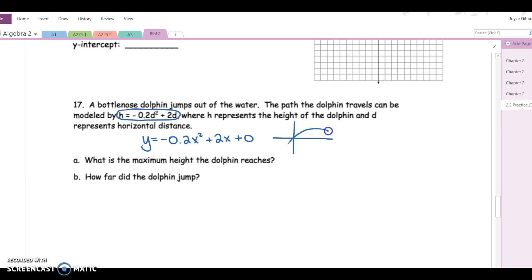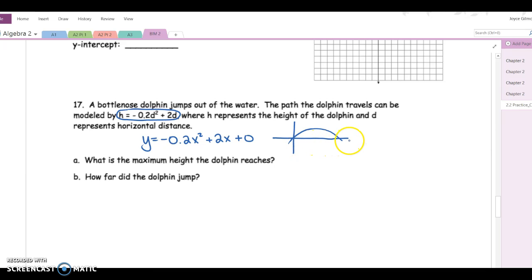Basically, this dolphin's jump is going to look something like that. So the dolphin jumps out of the water at 0, 0, follows this path, and then lands back in the water somewhere over here. They're asking, what is the maximum height the dolphin reaches?